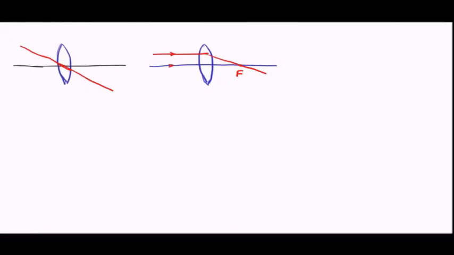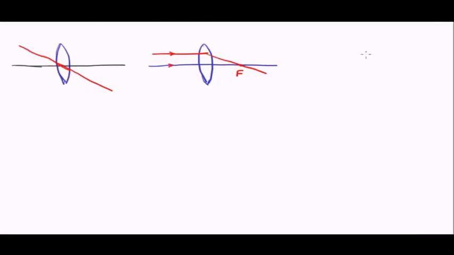And the third scenario, the third case which remains constant, is again a convex lens. The principal axis passing through the optical center. In this case, the ray of light is passing through the focus before striking the convex lens.